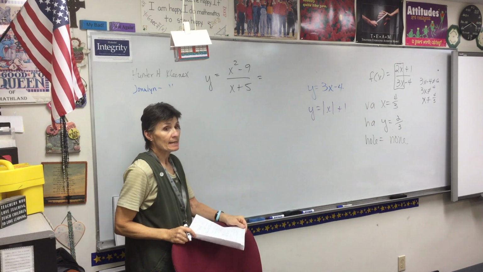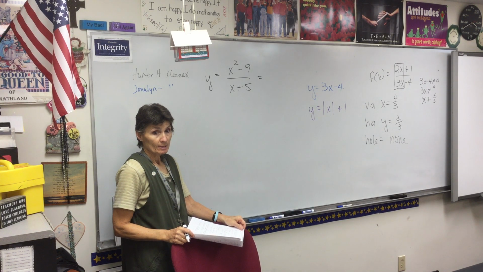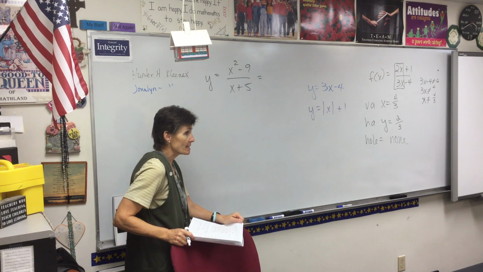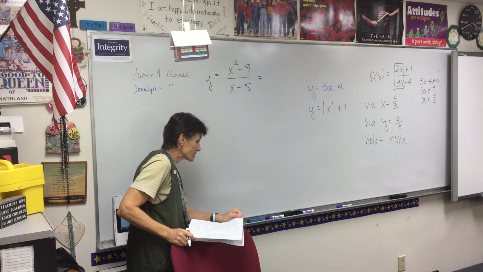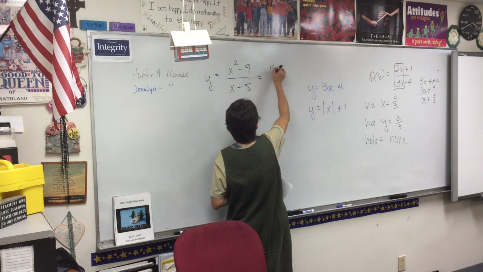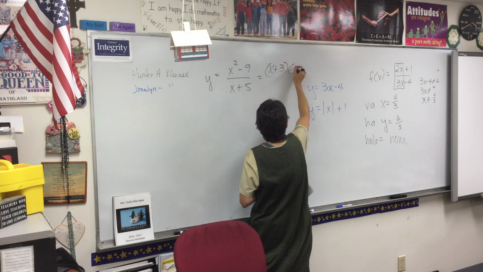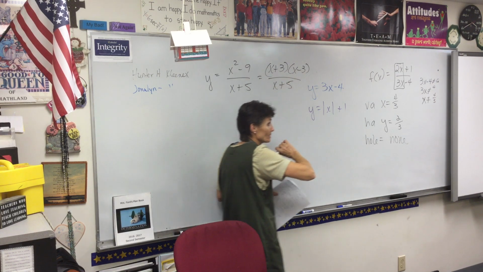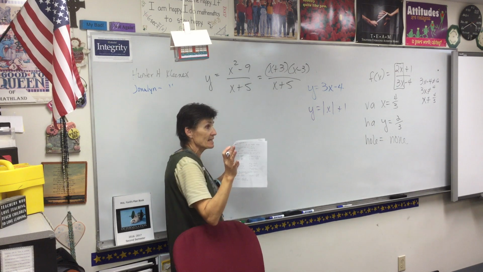If you see factoring, you should probably do it just in case things will cancel, but they don't. And if you can see that, it's okay. But I'm going to go ahead and factor it because I want you to get in a habit of at least checking it. Nothing canceled.